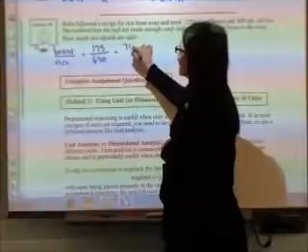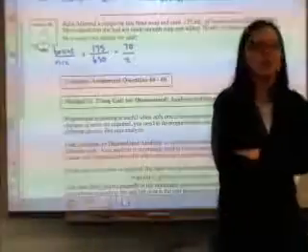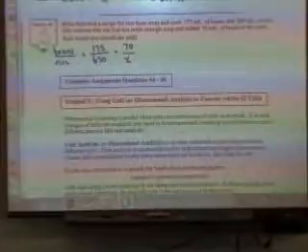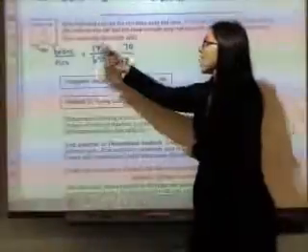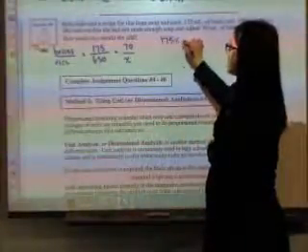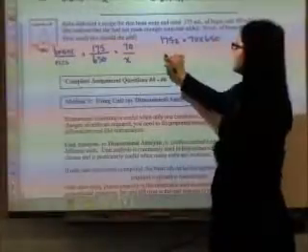And then she had 70 milliliters of beans to how many milliliters of rice? So then if I work on my cross multiplying, 175 times X equals 70 times 650.